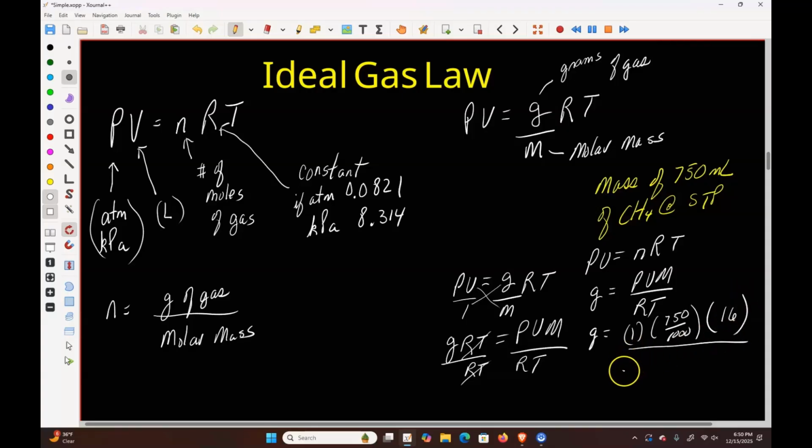Since I'm using atmospheres, this will be 0.0821. And the temperature is 0 degrees Celsius or 273 Kelvin. So I can solve this. G is equal to 0.535 grams.